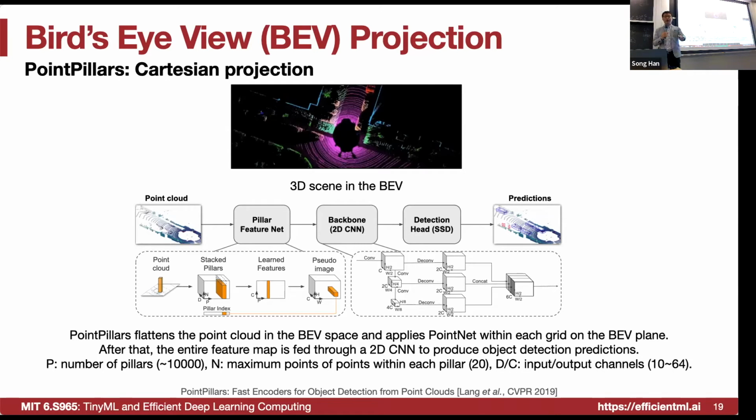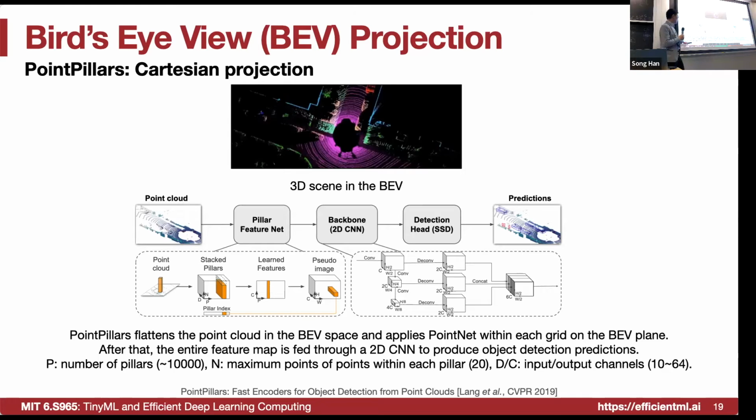The entire pillar shares the same XY location but different Z locations. We're projecting them to the same XY location. So this is like a pillar. Everything within this pillar will be projected to the 2D space, assuming there's not a vehicle on top of another vehicle or a pedestrian on top of another vehicle, etc.